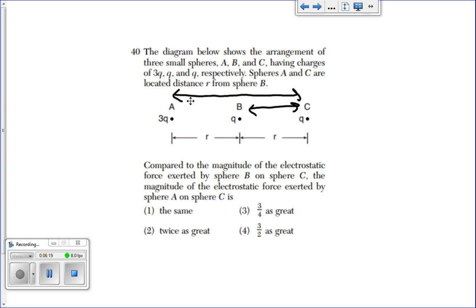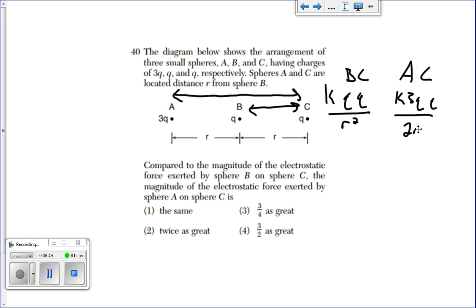We're going to do a little factor change method here. For B to C, we have Q, Q, and R squared. For A to C, we have K times 3Q times Q over 2R squared.